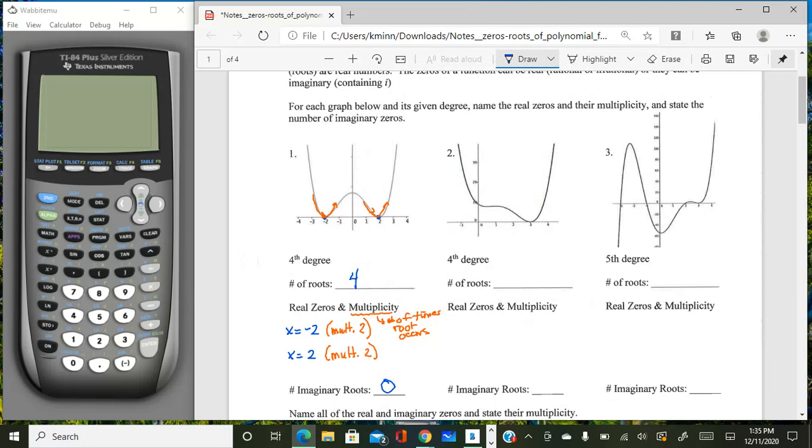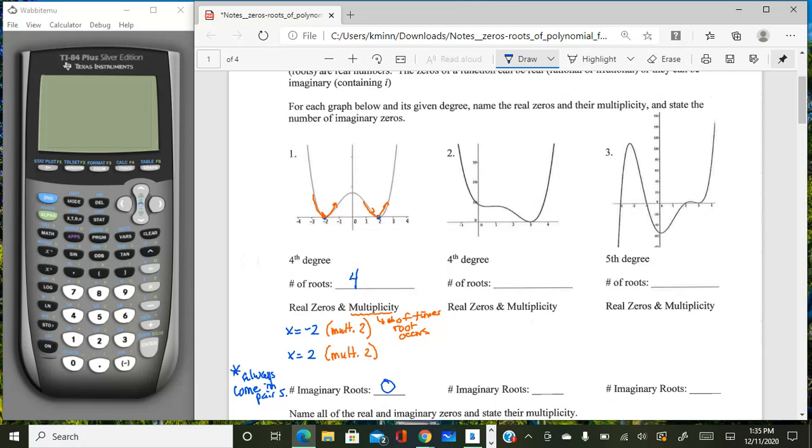Another side thing is imaginary roots always come in pairs. So if we don't have any, that's fine, but we are either then going to have 2 or 4 or 6 or 8 imaginary solutions, always an even value.